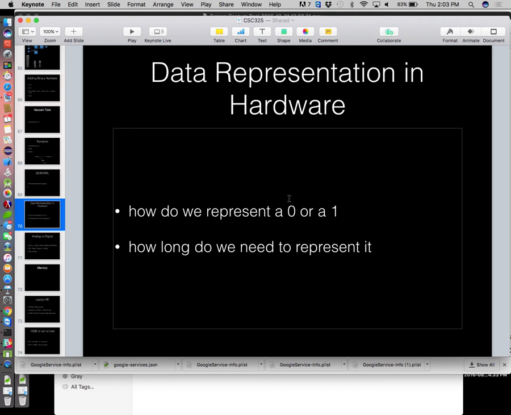I need to remember a single 0 or a single 1. And obviously, when we're storing a lot of stuff, we need to remember a lot of zeros and a lot of 1s. But at the circuitry level, we're storing a single 0 or a single 1, and the technology that our system RAM uses requires electricity to maintain that state.